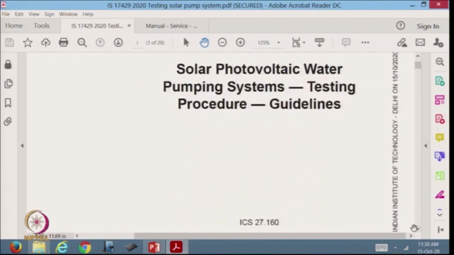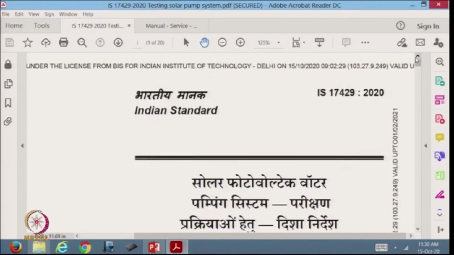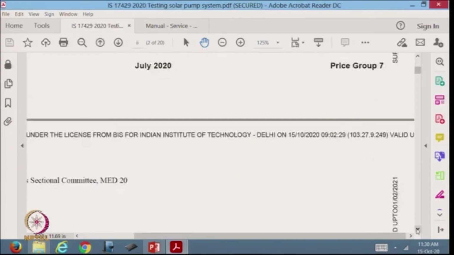So, this is solar photovoltaic water pumping systems testing procedure and guidelines. So, this has been made by the Bureau of Indian Standards, and this is IS 17429 2020, very recent, absolutely current standard, and it tells you how to test a solar powered water pump.